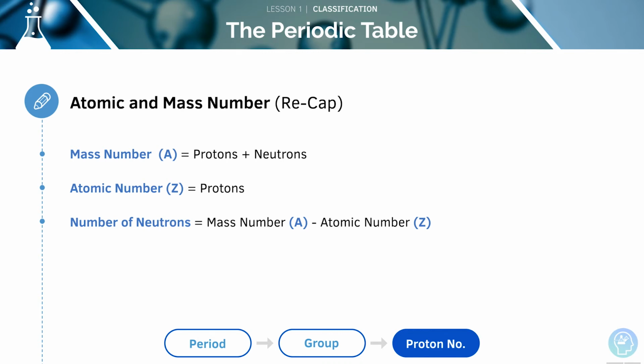This means we can find the number of neutrons by subtracting the atomic number from the mass number. Also, we should remember that the number of electrons is equivalent to the number of protons in the atom.